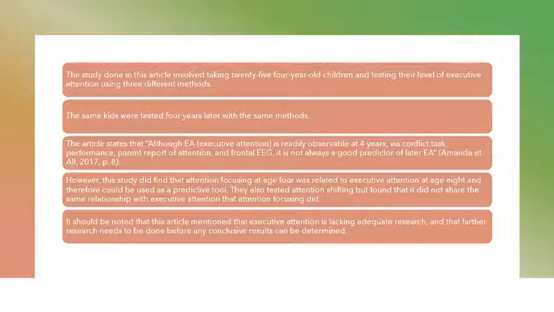The article states that, quote, "Although executive attention is readily observable at 4 years, via conflict task performance, parent report of attention, and frontal EEG, it is not always a good predictor of later executive attention." However, this study did find that attention focusing at age 4 was related to executive attention at age 8, and therefore could be used as a predictive tool.